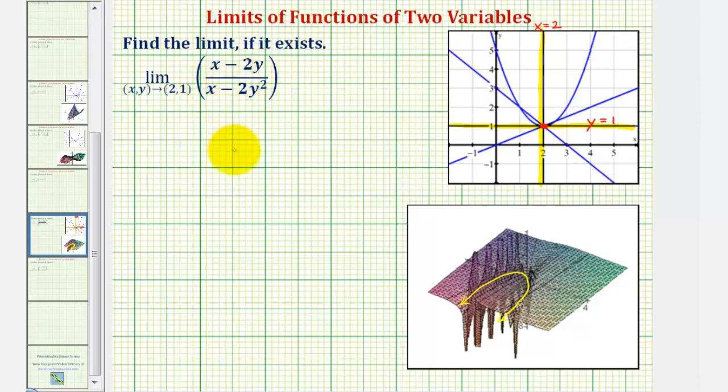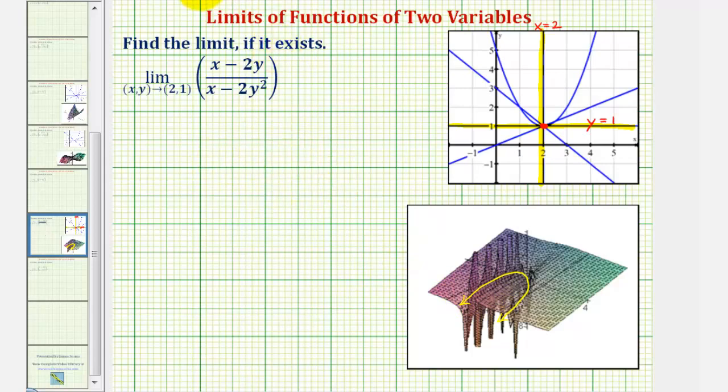So we set the denominator x minus 2y squared equal to 0, and solve for x by adding 2y squared to both sides, we'd have x equals 2y squared. So graphically, these are the points where we have division by 0, and therefore the surface has discontinuity. So this is something that can be helpful if we notice this.